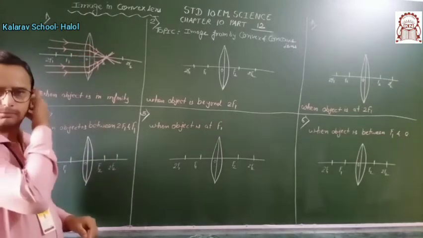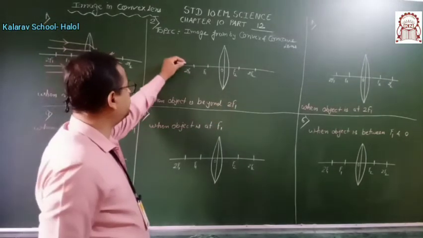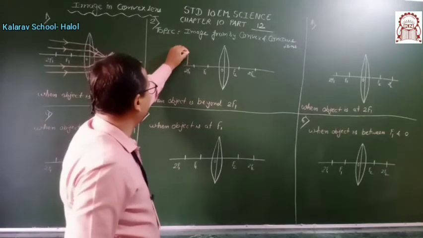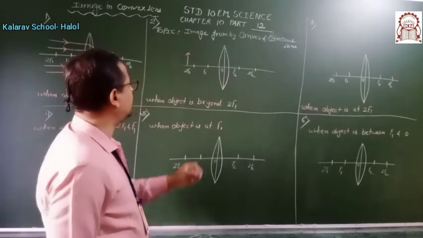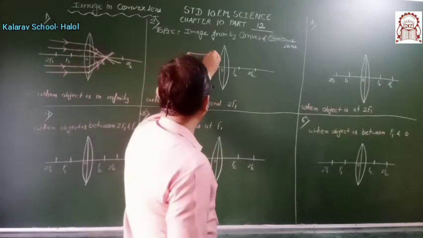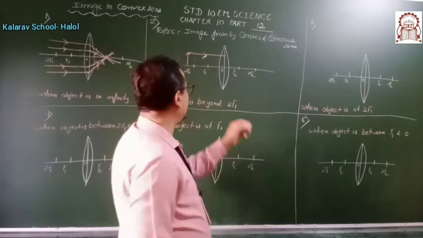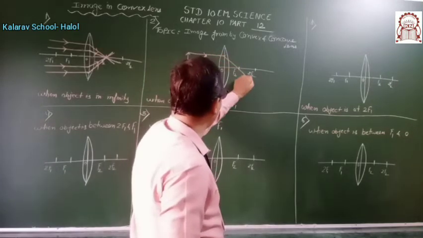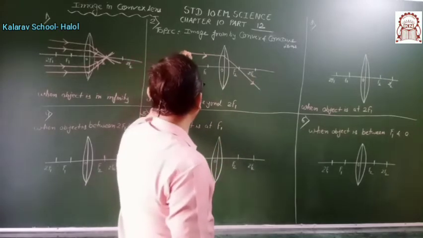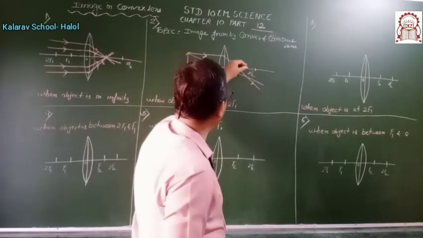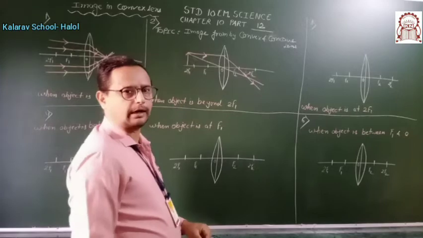In the second one, when the object is beyond 2f1, means when the object is beyond the center of curvature here, in that condition one ray will be parallel to the principal axis like this way, and then it will pass through f2, and the second one will pass through the optical center and make the image on the other side between f1 and f2.